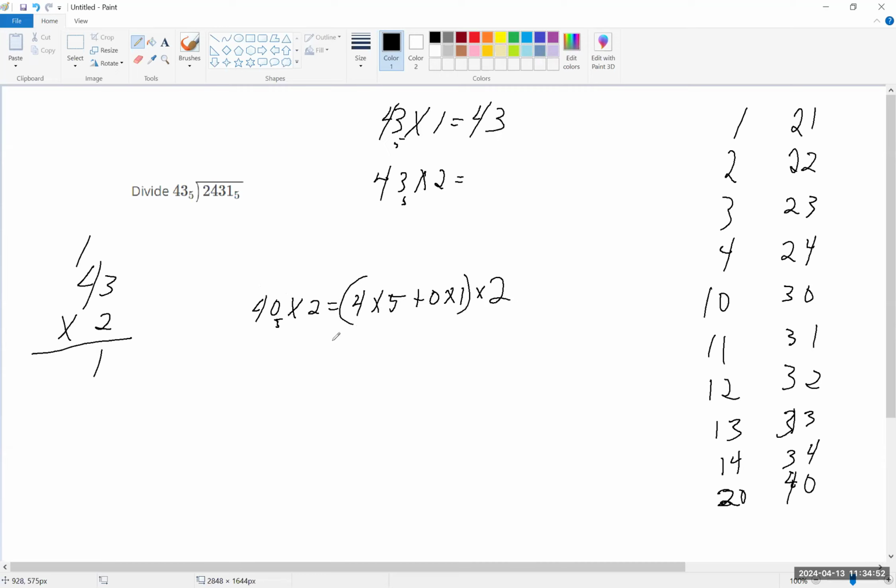Now, let's convert that to base 10. This is 20 things, so it's 20 in base 10 times 2, which is 40 in base 10. We don't really need to write the base 10, but just so we know what we're dealing with. Now we're going back to base 5.